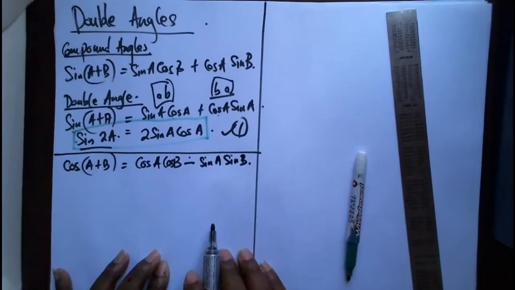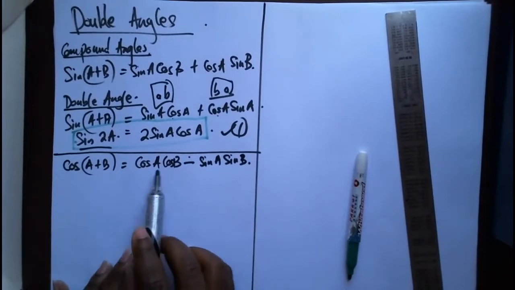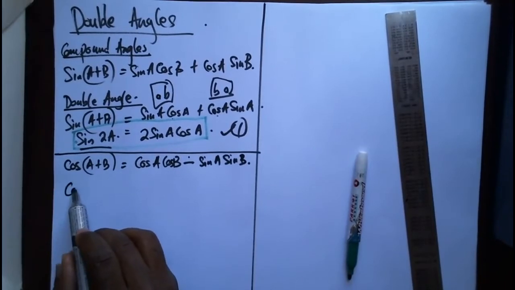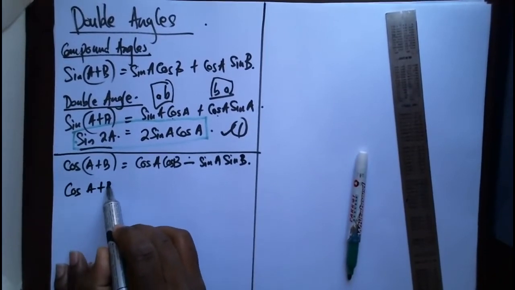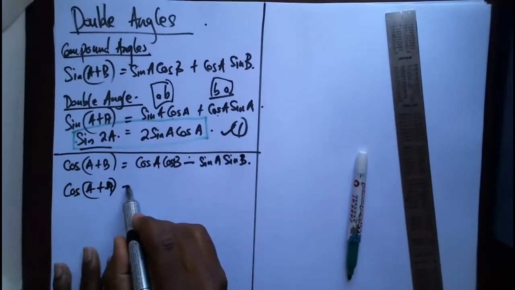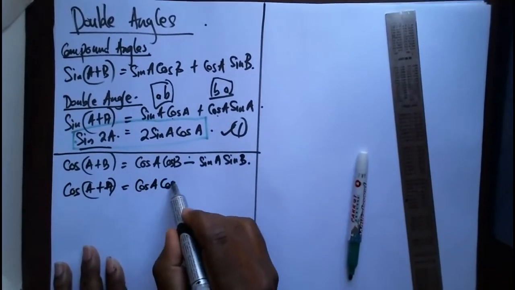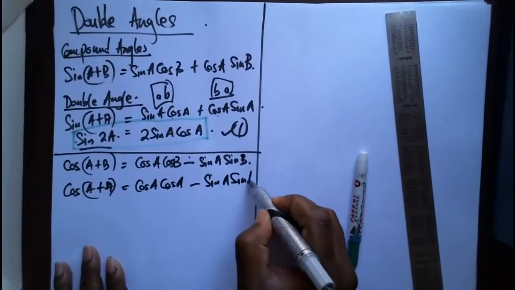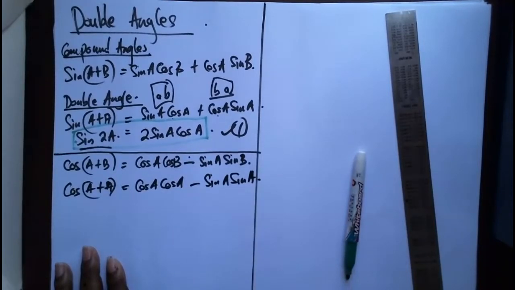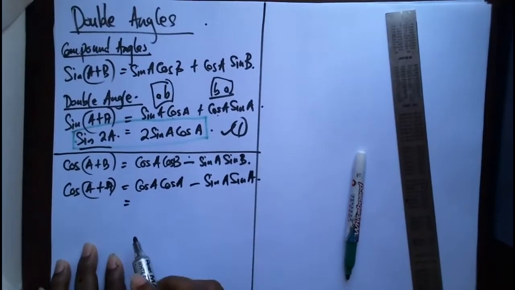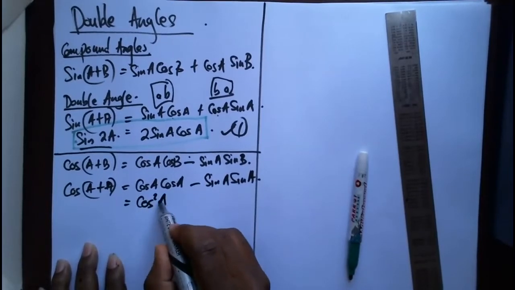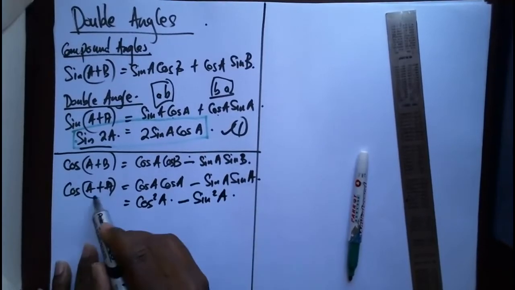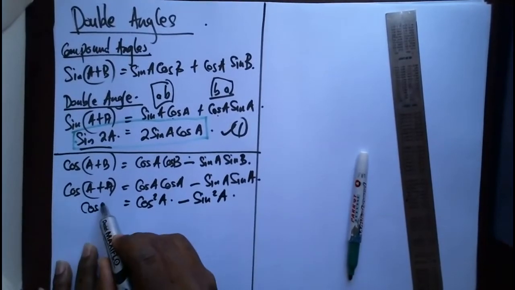But now, when I go to the double angle, it becomes cos(A plus A), which is equal to cos A cos A minus sine A sine A. Now we go further: this becomes cos squared A minus sine squared A. And A plus A is 2A.